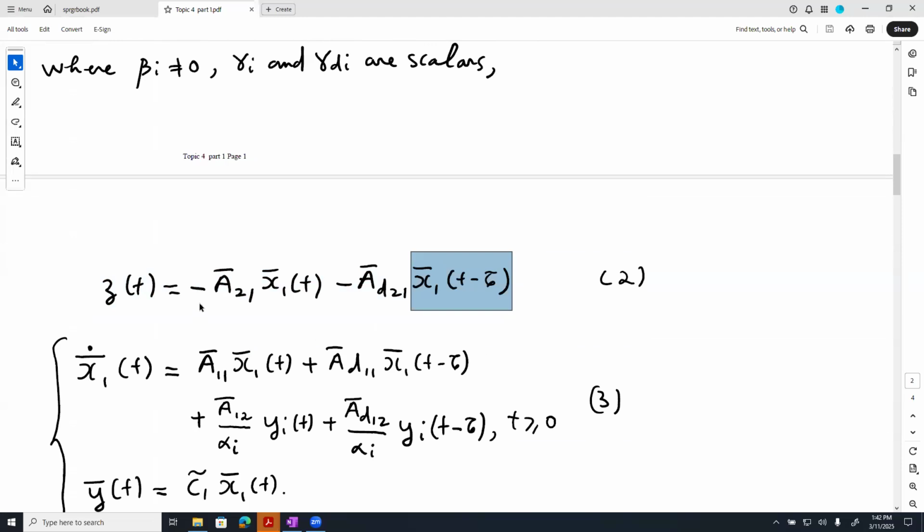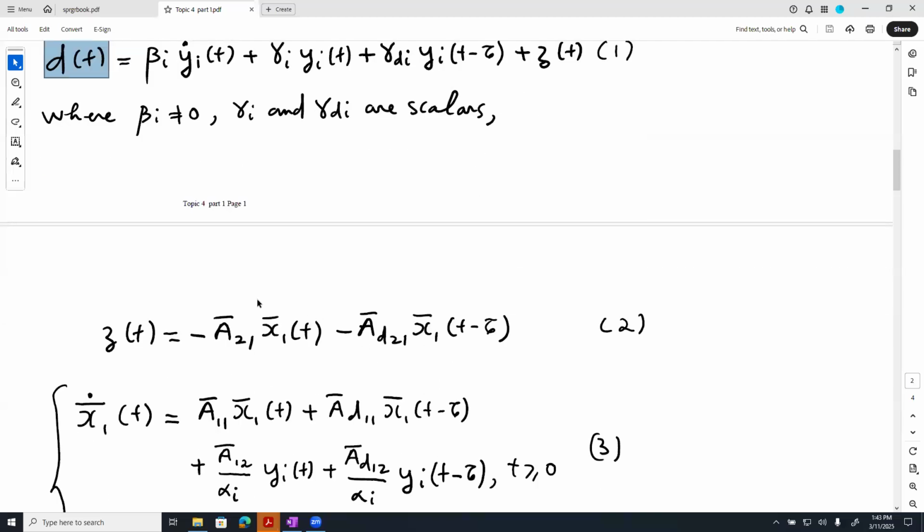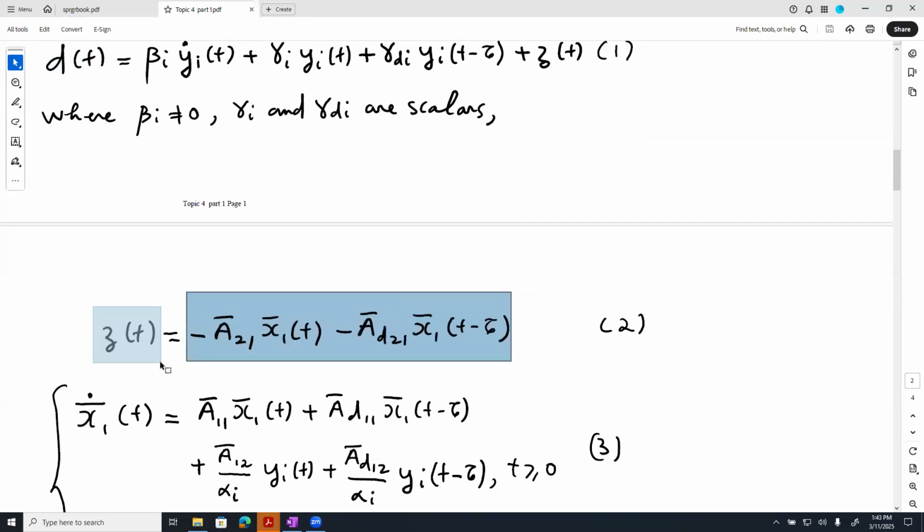Then the question is, when we want to estimate this unknown input, what would be the best way to go about doing it? Do we do it the hard way, or the easiest, straightforward way, which is to estimate the entire stack vector and then delay it and then realize the estimation of this function that way, or do we do it directly?